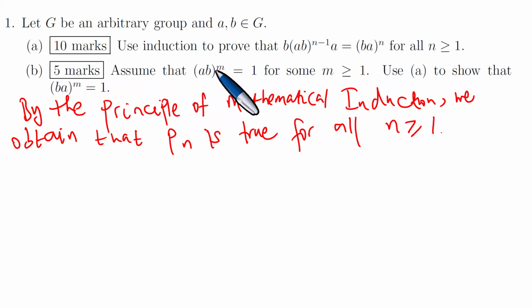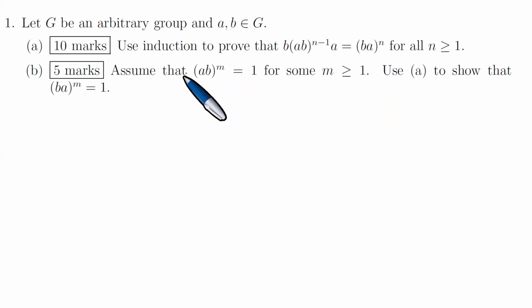Now, assume that (AB) to the power m is 1, so AB has order m for some m greater than or equal to 1. If we raise AB to the power m and get the identity, use the previous result to show that BA also has order m. Wow, this is profound.